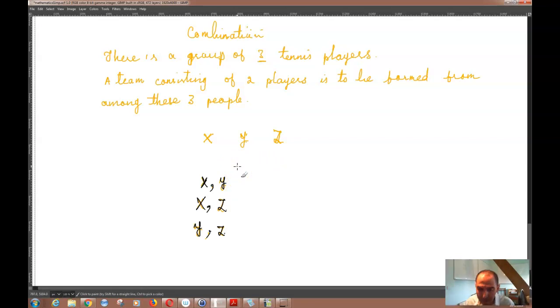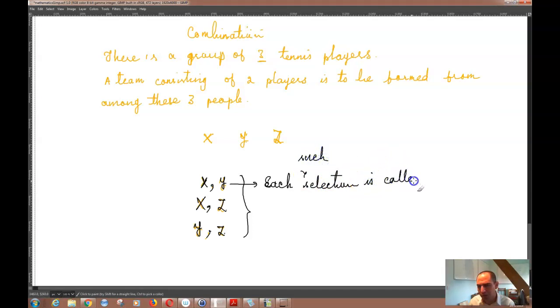Now in this particular example that we talked about, each such selection is called a combination.